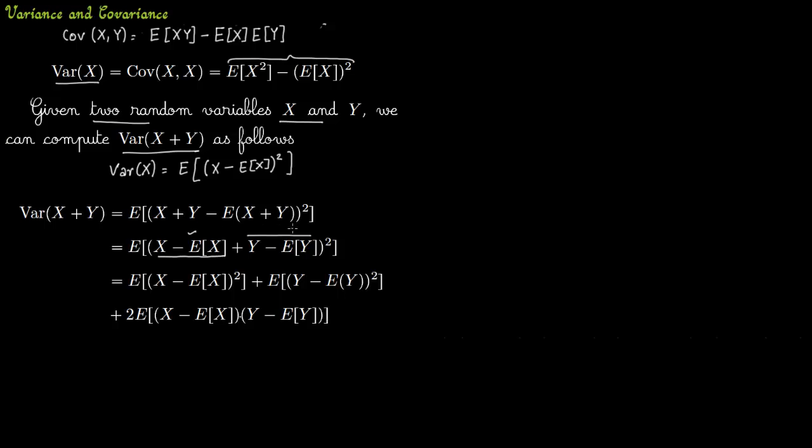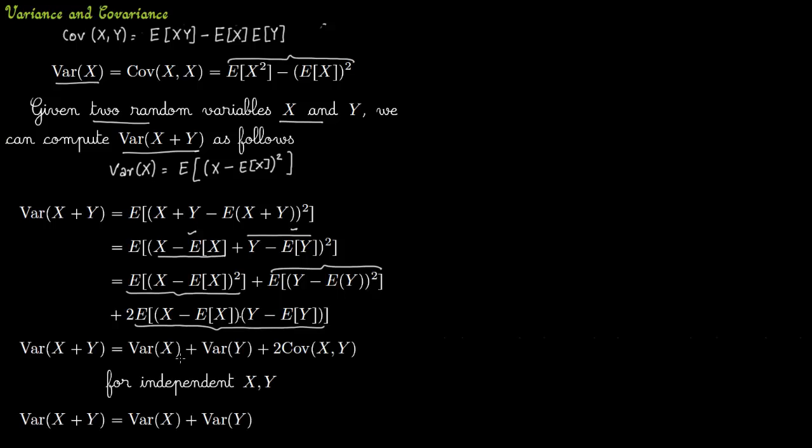Now this expression should look familiar. This is nothing but the definition of covariance of x and y. And this is variance of x, this is variance of y, and this is covariance of x and y. And that's precisely what we write: variance of x plus variance of y plus twice covariance of x comma y.